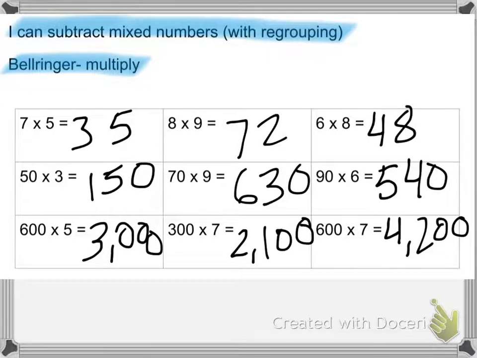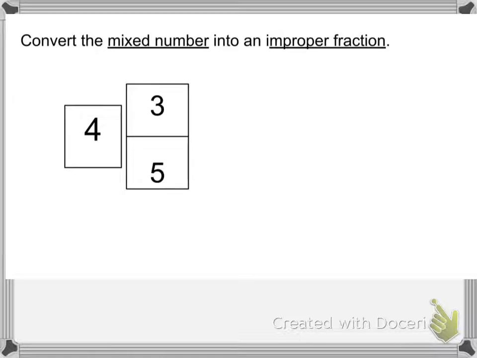Alright, on to my next slide here. Before we even start subtracting the mixed numbers, our very first thing we're going to do is turn them into an improper fraction. Just a reminder, a little review. A mixed number is when a fraction, so like 3/5, and a whole number are combined.